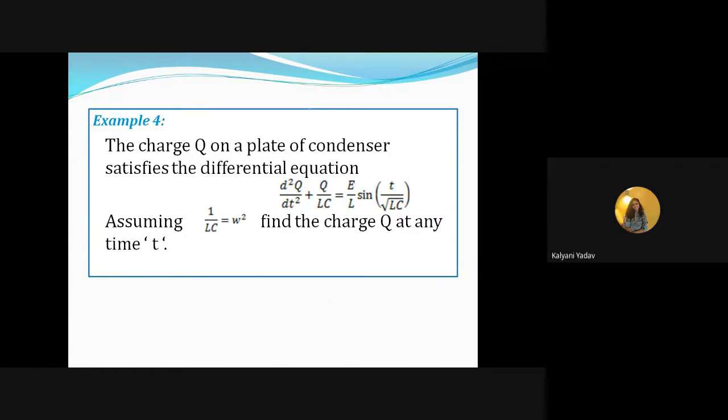Yes, sir. Okay, good. So let us now take a complete overview of the whole unit we have discussed. See carefully. We started with the linear differential equation, right?